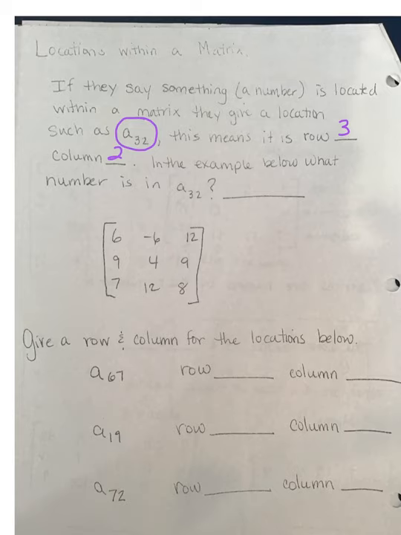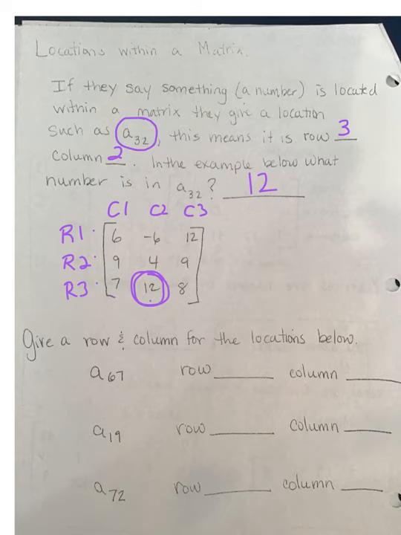So remember, this is row 1, row 2, row 3, and this is column 1, column 2, column 3. We go down to row 3, then column 2, and the number there is 12. So the answer would just be 12.